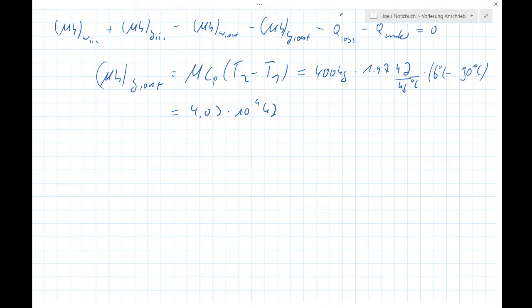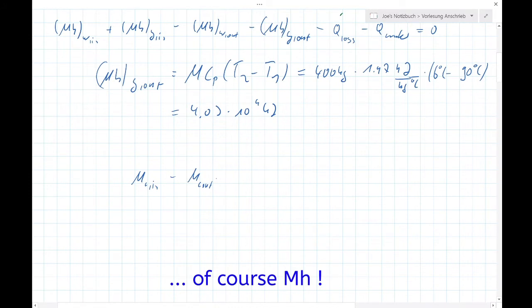So this is a very simple calculation for the water: M cooling water in minus M cooling water out is equal to Q. This comes from the energy balance: minus Q plus WS is equal to 0. WS is gone, and then this is directly the Q of our cooling water. So we have directly that it is equal to Q.